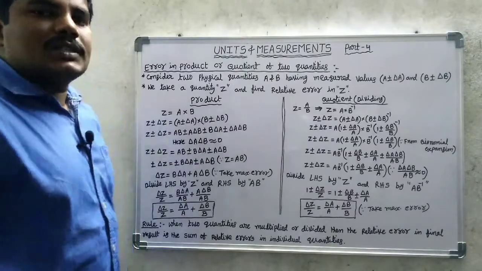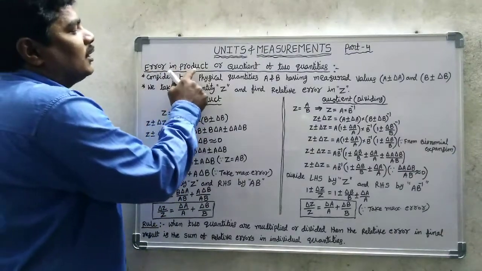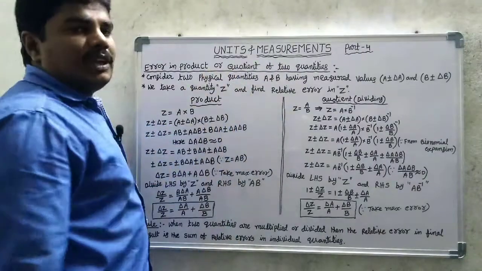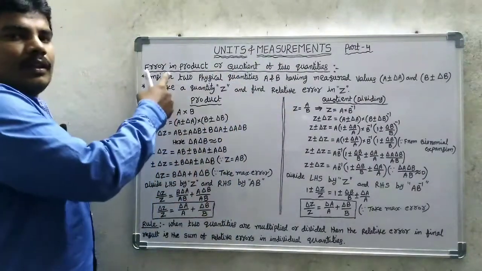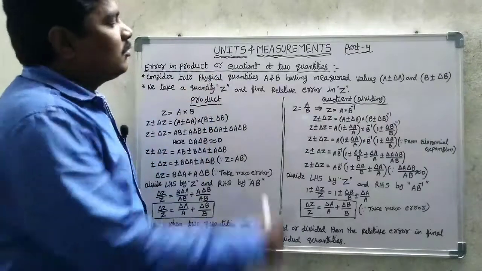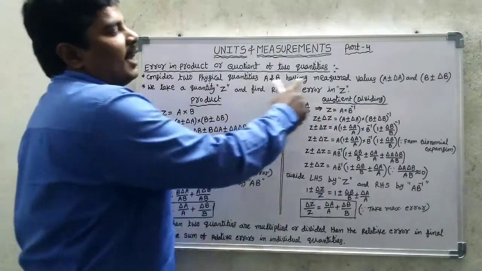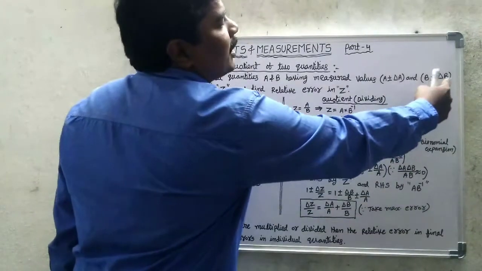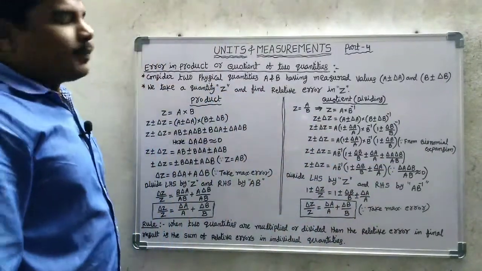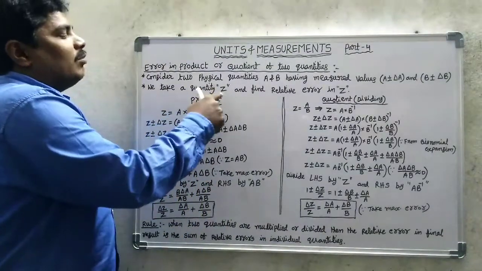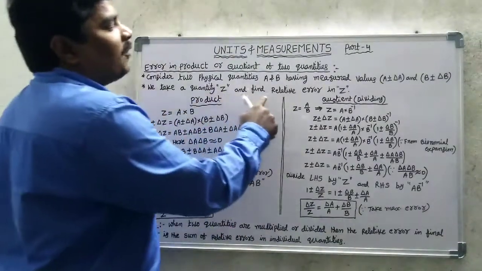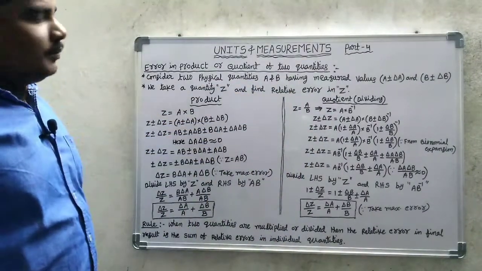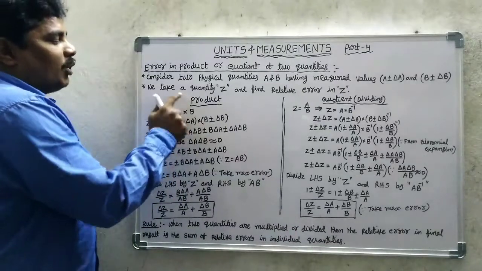Now we discuss about error in product or quotient of two quantities. Quotient means dividing. Here also we take two physical quantities A and B having measured values A plus or minus delta A and B plus or minus delta B. We take a quantity Z and find relative error in that quantity Z. First we take product.